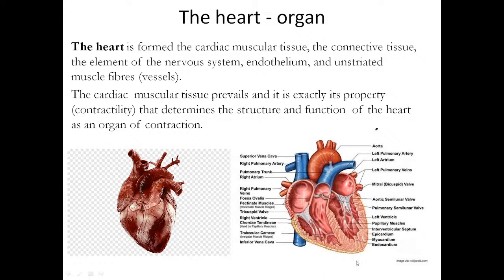The cardiac muscular tissue prevails, and it is exactly its property that determines the structure and function of the heart as an organ of contraction. What you see is the anatomical structure of the human heart.